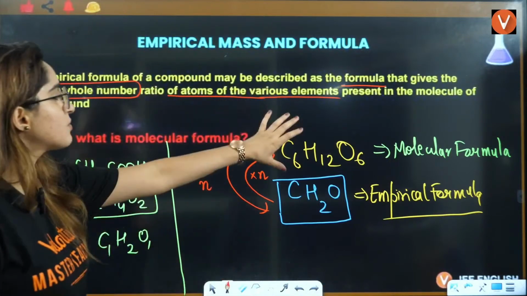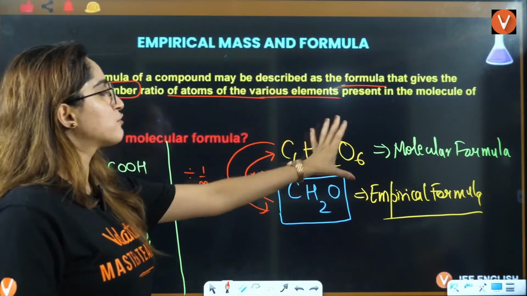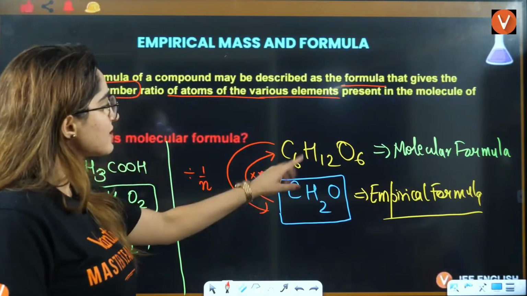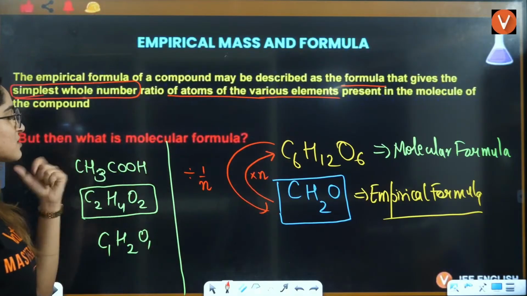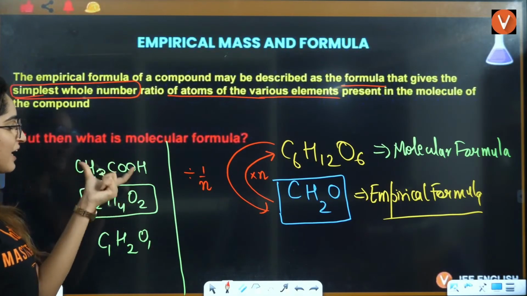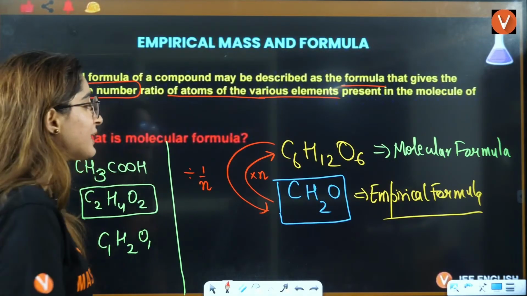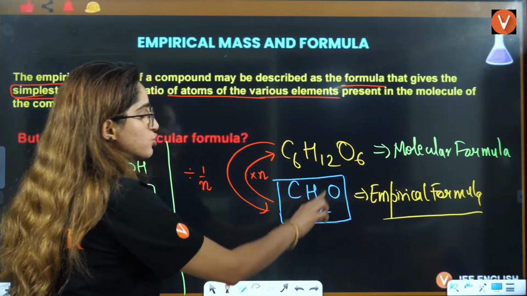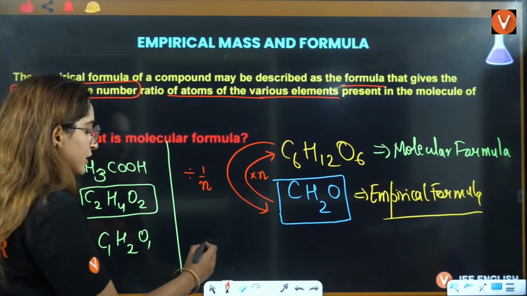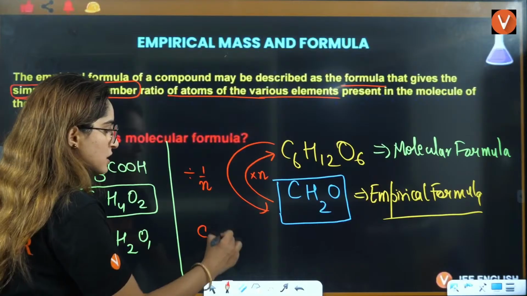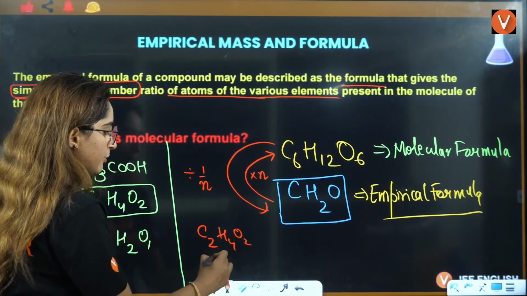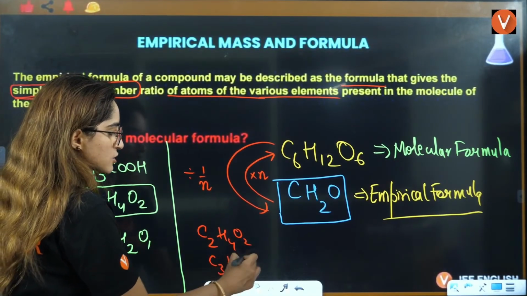If I say this is the molecular formula, I can say this is glucose. If I arrange it like this, I can say that this is acetic acid. But if they give me CH2O, then multiplied by 2, it will be C2H4O2. Multiplied by 3, it will be C3H6O3.